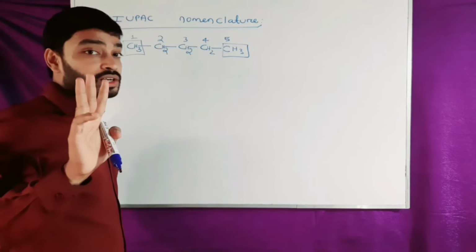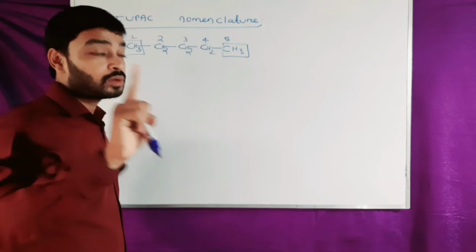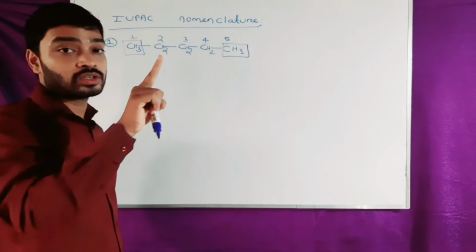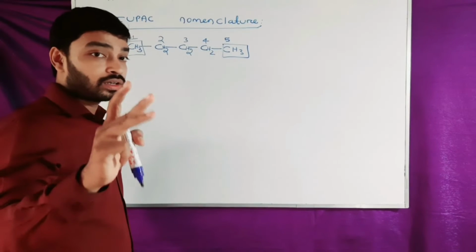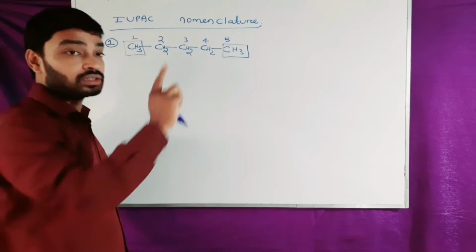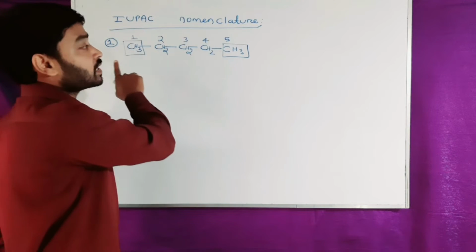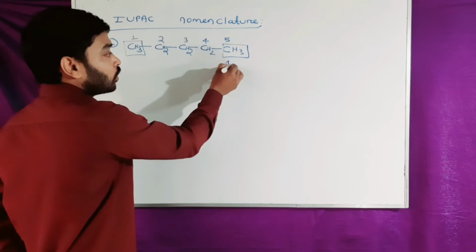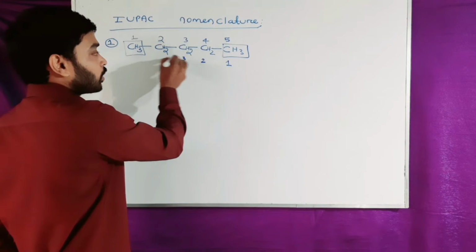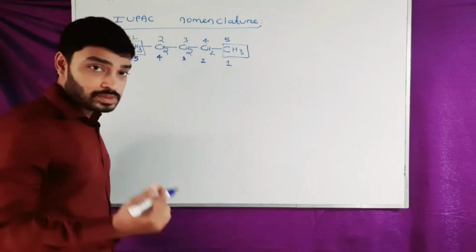So nomenclature has three parts. First is carbon chain selection. First we need to select the carbon chain. After that we will go for numbering, and the third one is nomenclature, that is IUPAC nomenclature. First we have decided, as there is no functional group, we can number from left to right, or we can also number from right to left, because there is no functional group.